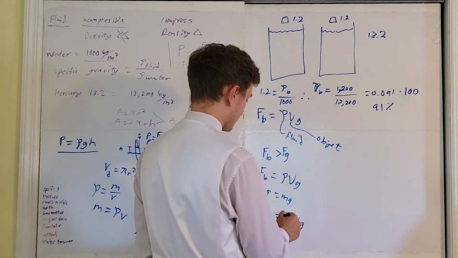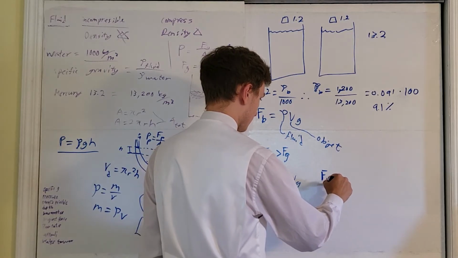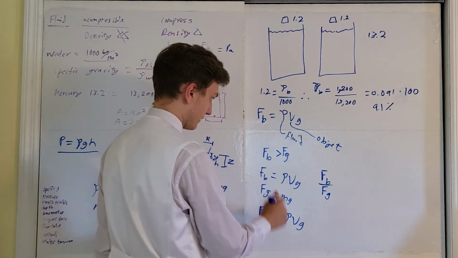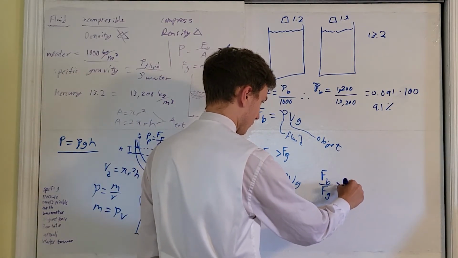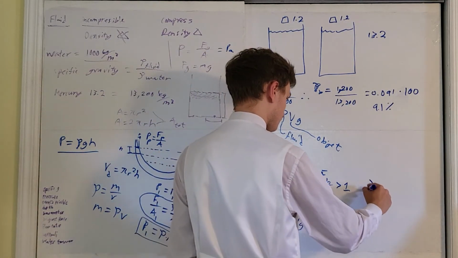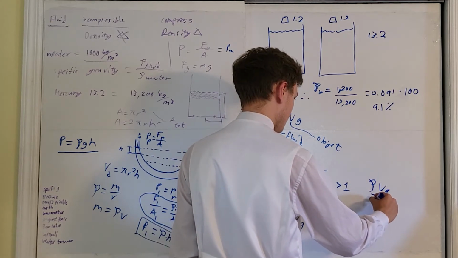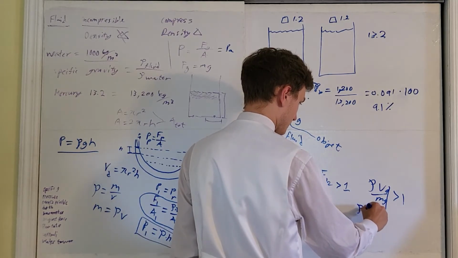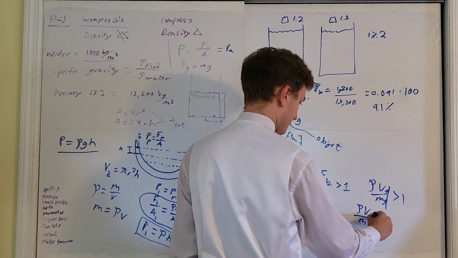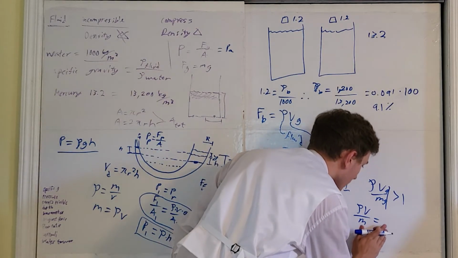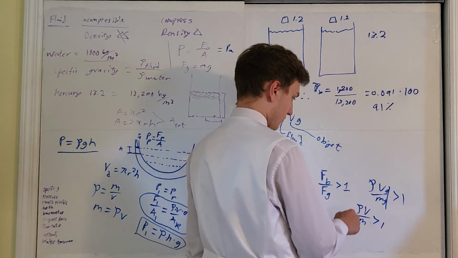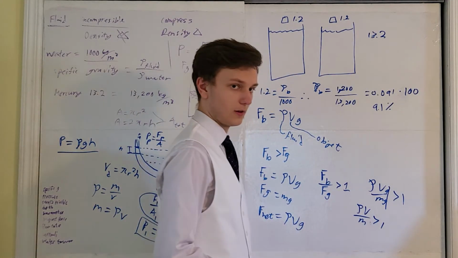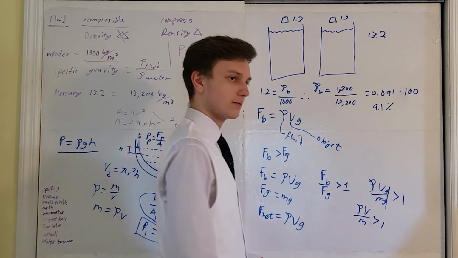So, if we were to turn this into a ratio, the buoyant force divided by the gravitational force must be greater than 1. So rho Vg over mg must be greater than 1. G's cancel out. Rho times v over m must be greater than 1. Remember, rho being density of the fluid, v being volume of the object, and m being mass of the object.